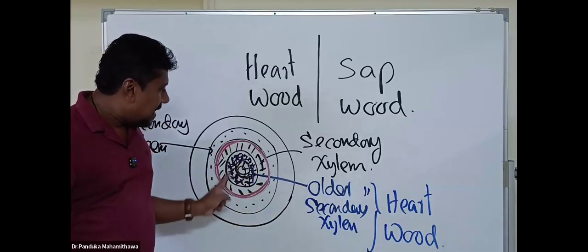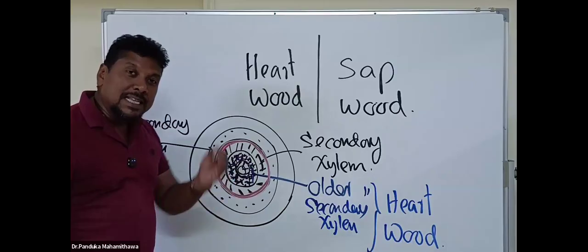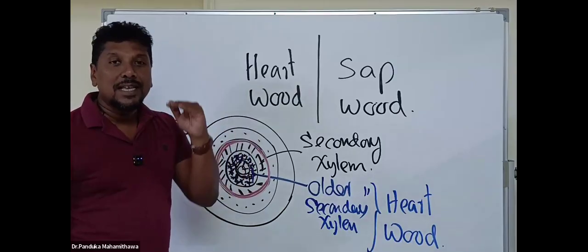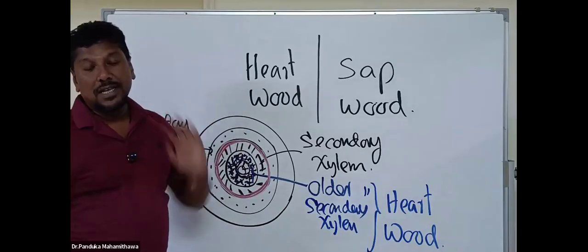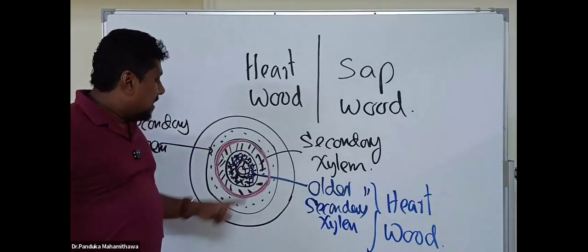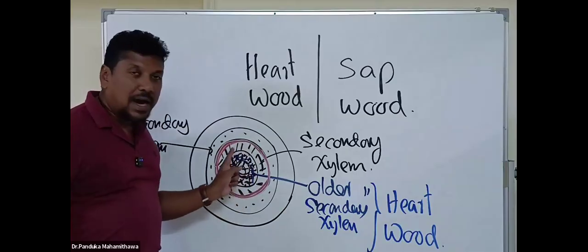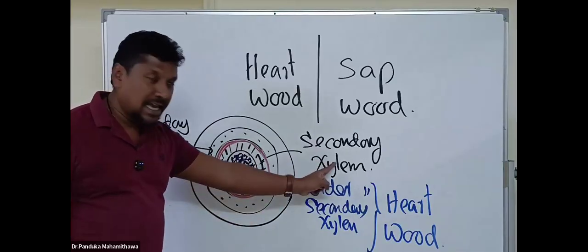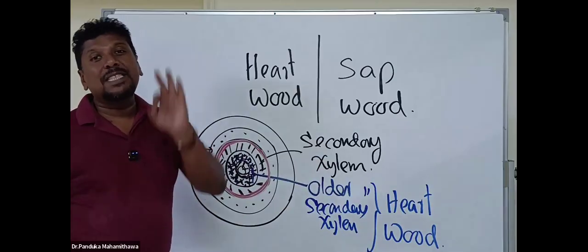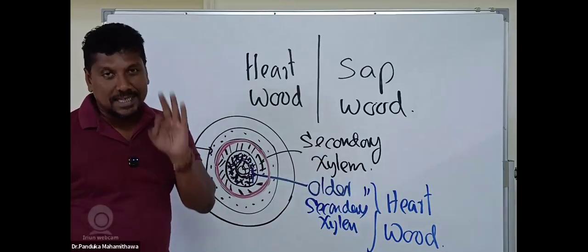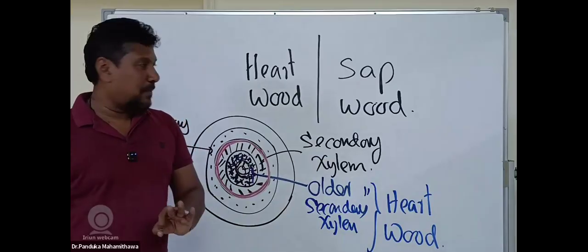Then the other part of the secondary xylem is still transporting the water and the minerals from the roots to the leaves, right? That other part, the younger part of the secondary xylem, is still filled with xylem sap.